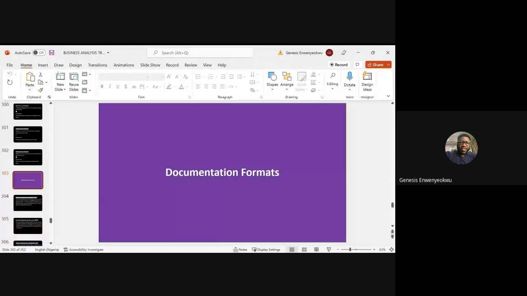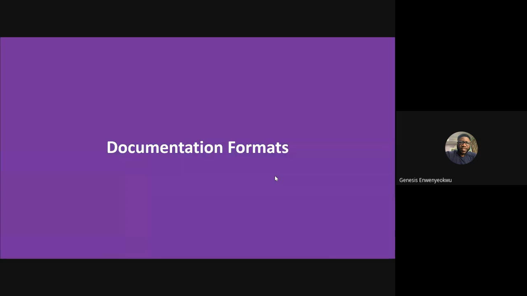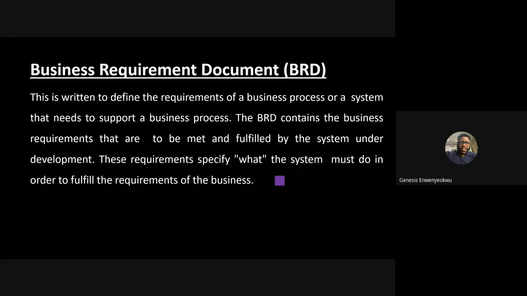So let's go ahead to documentation formats, the formats in which we document our requirements. Number one is the business requirements document, BRD. This is basically written to define the requirement of a business process or of a system that needs to support a particular business process.